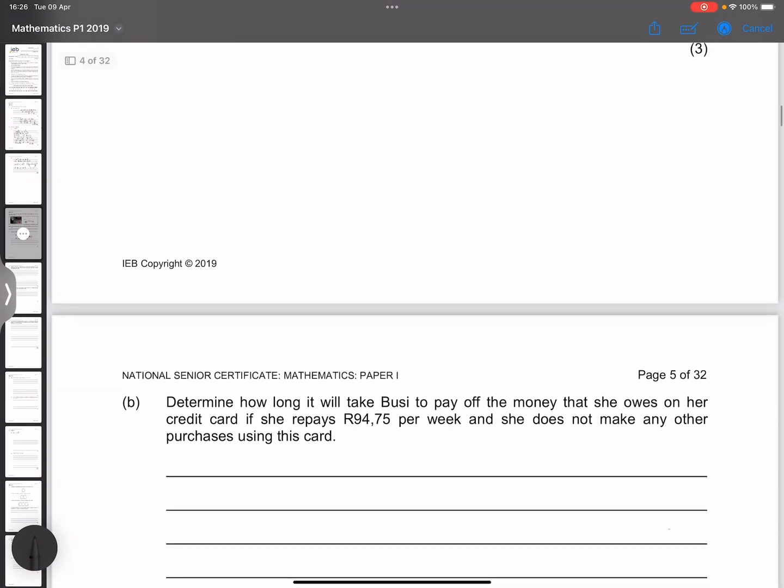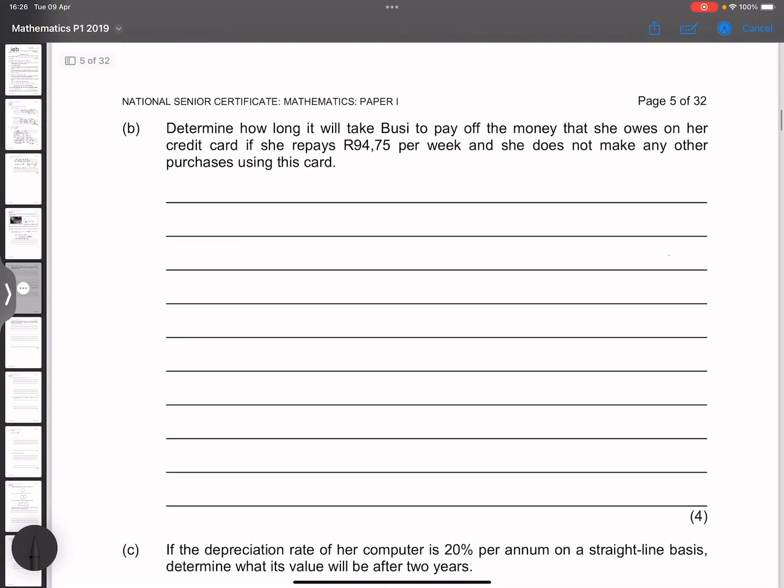They say determine how long it will take Busi to pay off the money that she owes on her balance on a credit card, if she repays an amount of 94 Rand and 75 cents, and she does not make any other purchase on this credit card.